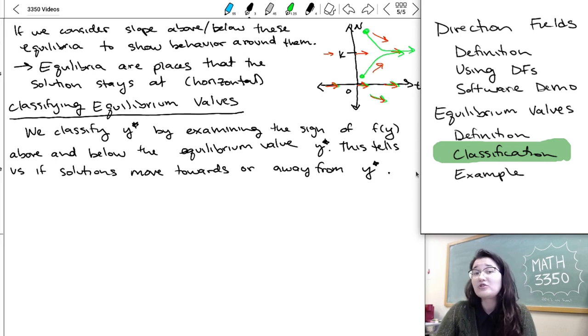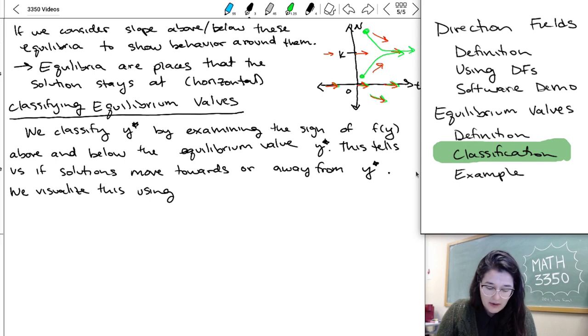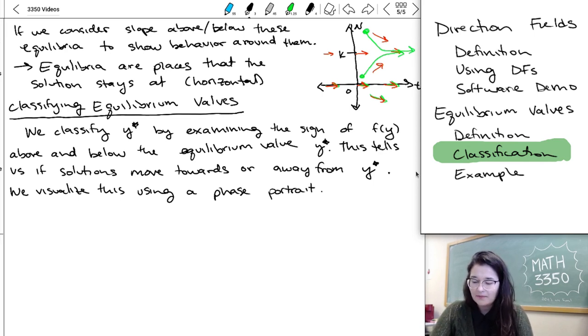The way we're going to visualize this is going to be another tool, and we're going to call that a phase portrait. You may remember when we were using the D-Fields software, it even called things phases. So this thing we use to study equilibria has a name that's definitely related to direction fields somehow.